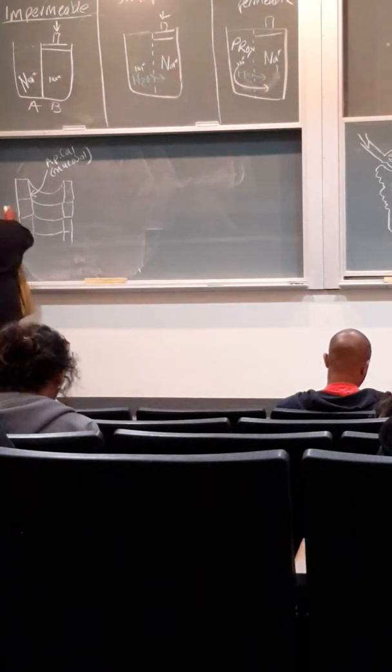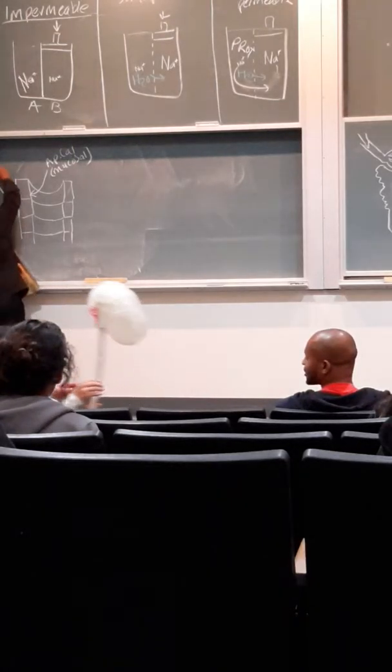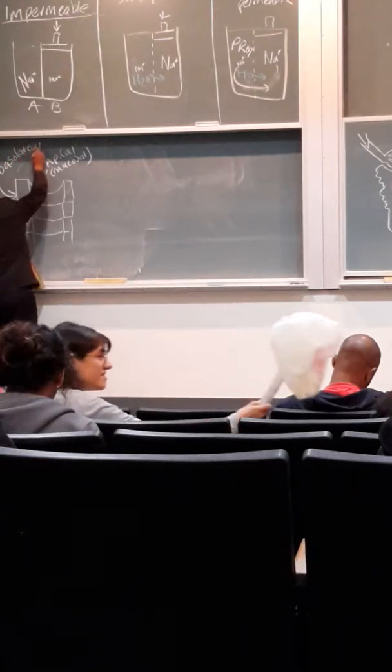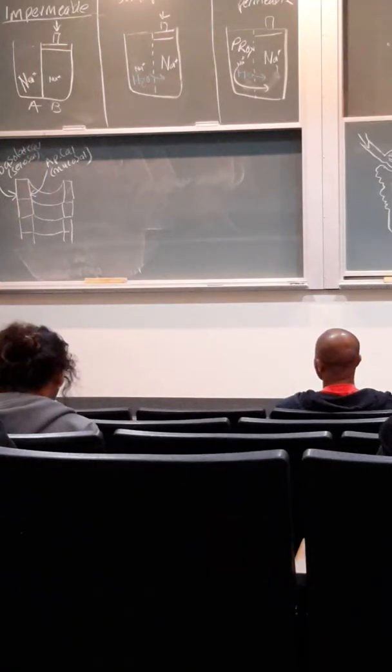The outside, the part that faces the blood, is called the basolateral or the serosal side. And they're very different throughout the nephron. We're good?